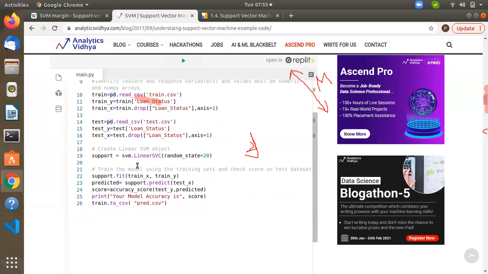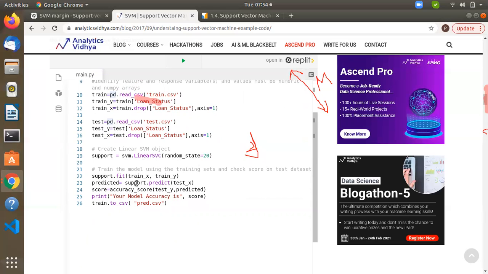Here I am building the SVM model. I give it a name, support equal to svm.LinearSVC. LinearSVC means the data points are linear in nature, so first we are trying a linear model, with random state and some other parameters.